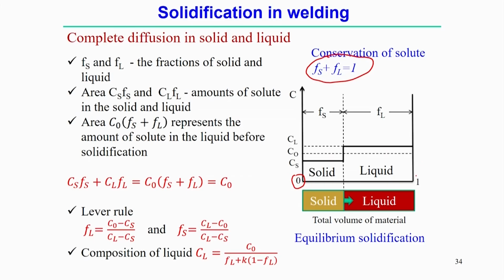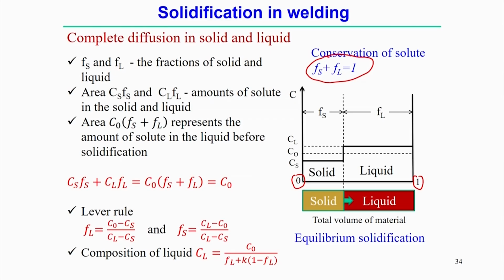If we look into the figure representing the solid fraction and liquid fraction, it starts from 0 and gradually increases to 1. There is a transformation during which the solid grows from the liquid phase, and the solid phase is gradually consuming the liquid phase.